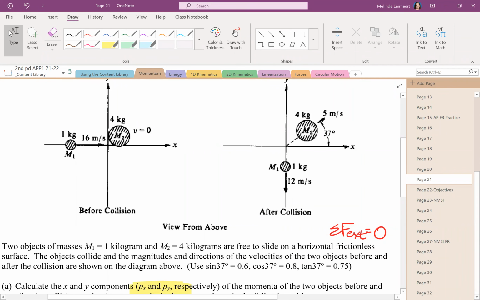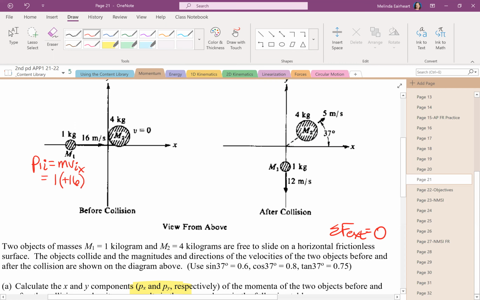Let's look at ball 1 kilogram. Before the collision, in the horizontal, how would we find its momentum? M times the initial horizontal velocity. Well, thankfully for us today, it starts out all in the horizontal. And so it would be 1 kilogram times, let's say, a positive 16.